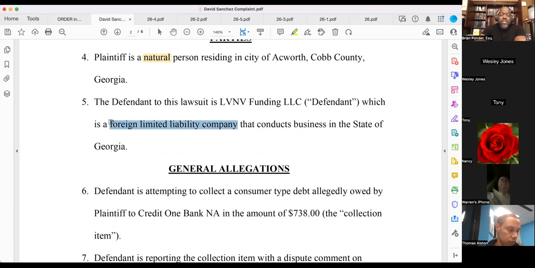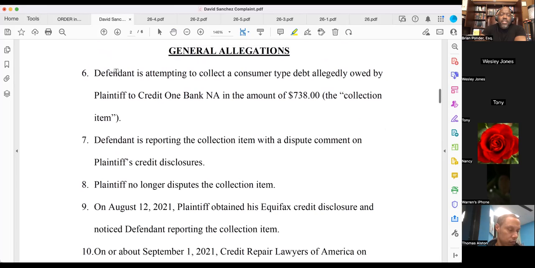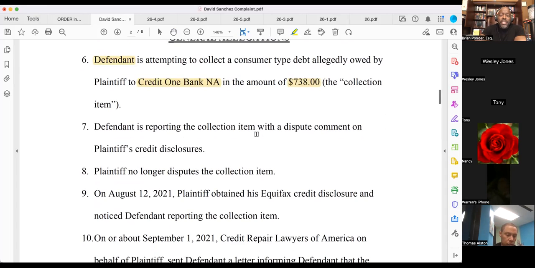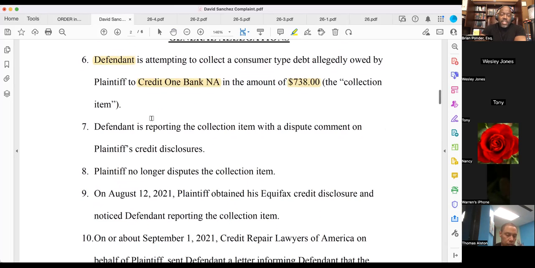LVNV is a foreign LLC in Georgia. LVNV is attempting to collect a consumer debt allegedly owed by plaintiff to Credit One. We know LVNV buys those defaulted debts, so it's $738. Defendant is reporting the item with a dispute comment on plaintiff's credit disclosures. All right, that's very strange.